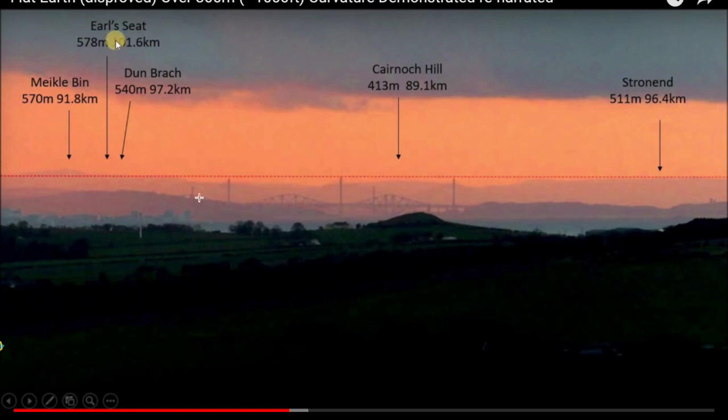I should mention, by the way, that Miles Davis seems very thorough in his observations and measurements, so I have no reason to doubt the accuracy of it. Anyway, we see that these hills or mountains in the background are below or slightly above this line. And we'll look at that in the model.